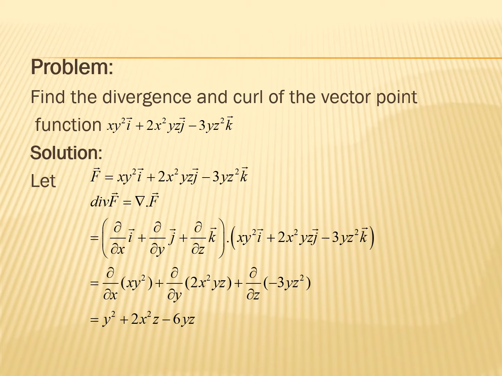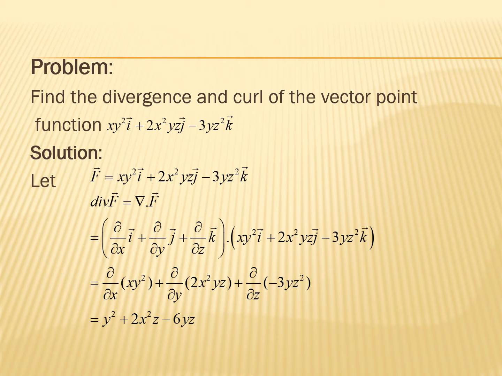So divergence of f vector equals del dot f vector. Your del is dou by dou x i vector plus dou by dou y j vector plus dou by dou z k vector, and your f vector is x y square i vector plus 2x square y z j vector minus 3y z square k vector. So we multiply: dou by dou x of x y square, dou by dou y of 2x square y z, and dou by dou z of minus 3y z square.